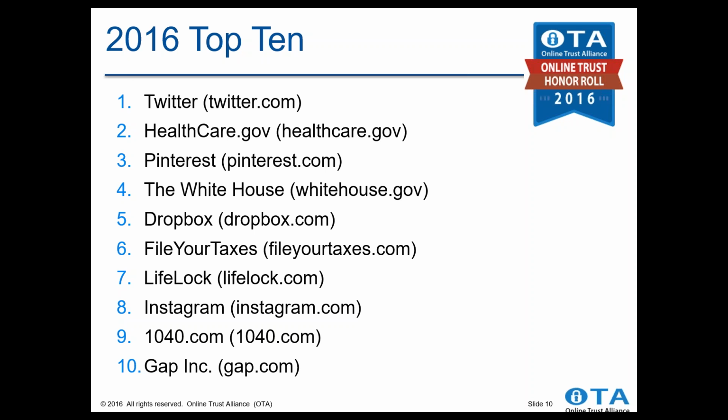We have Pinterest, Dropbox, File Your Taxes, LifeLock, Instagram, and 1040.com. So really what we're seeing is the consumer services segment has done very, very well. And even within here, we have 2 of the leading e-file sites as well, and then the Gap. So all this is really good growth, and congratulations to these sites for their growth and accomplishments.